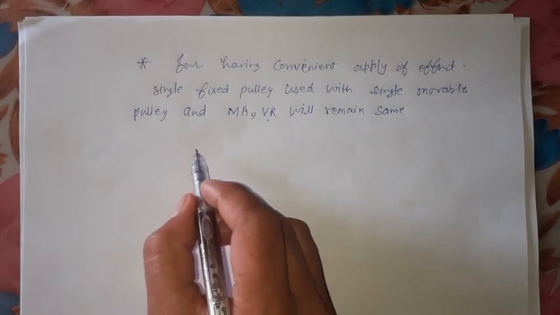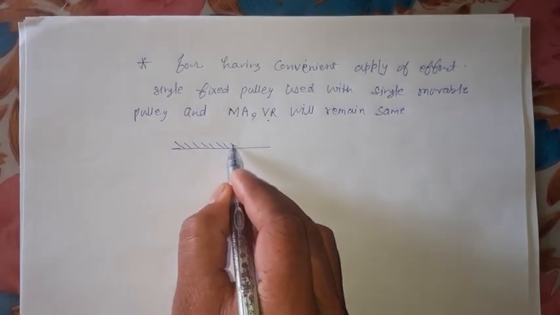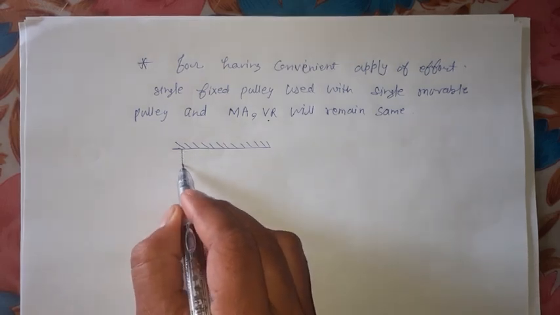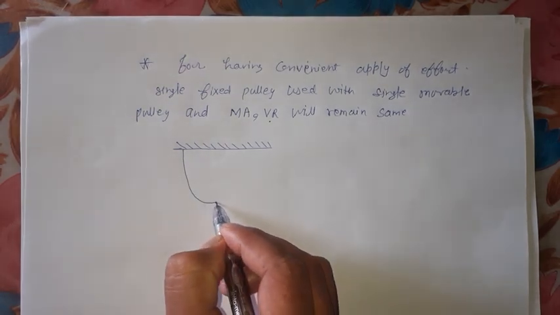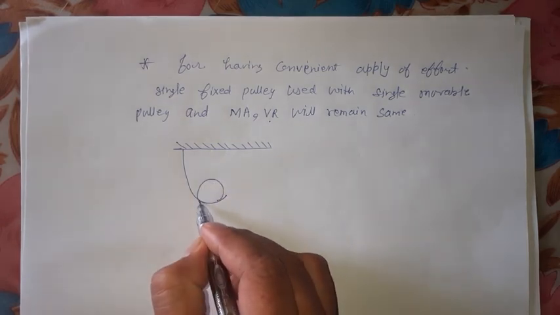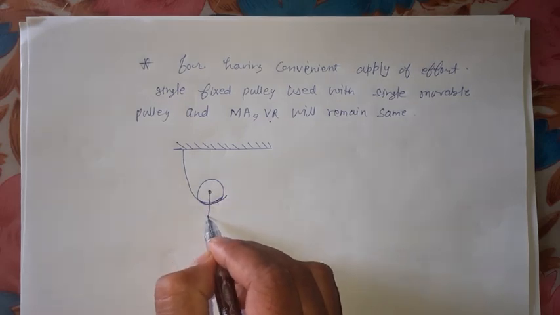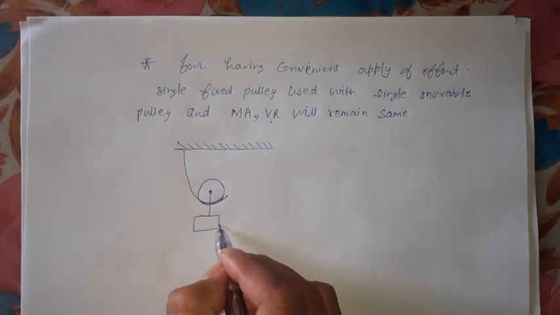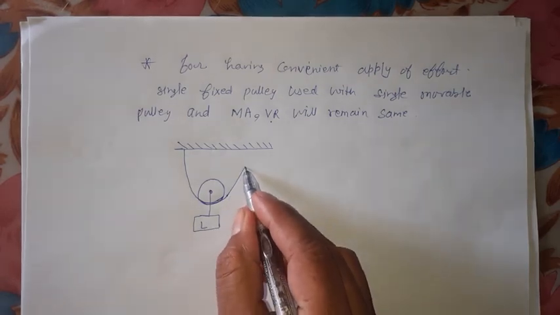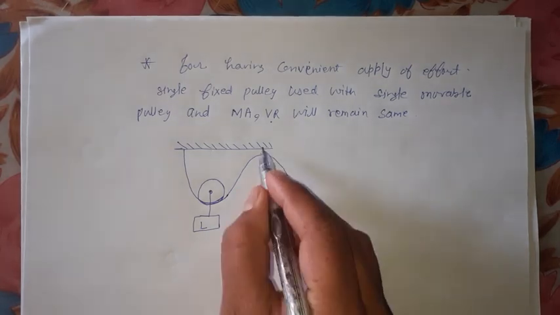So let us check over here. I have a single fixed support, this one. Here is this single movable pulley on this string, and the load is attached to it. Here is the load, and now I am going to pass this rope over the single fixed pulley.